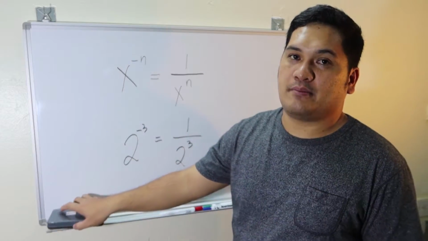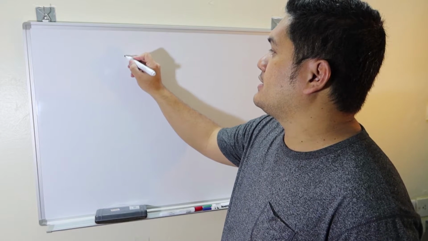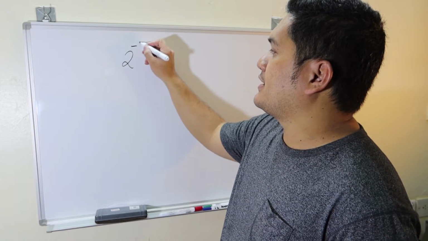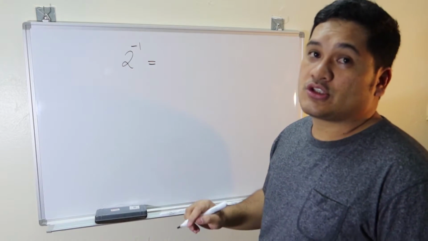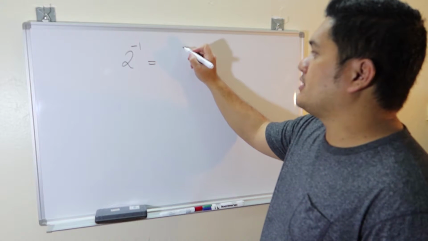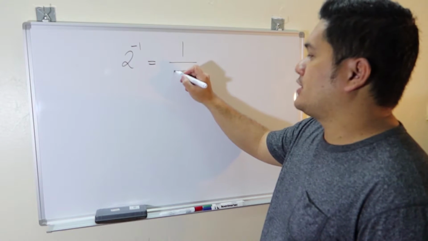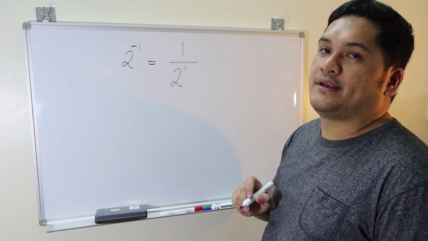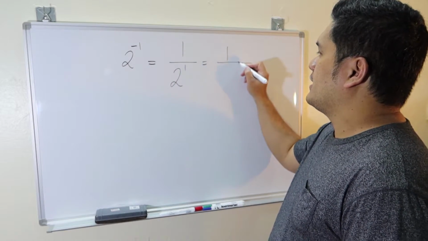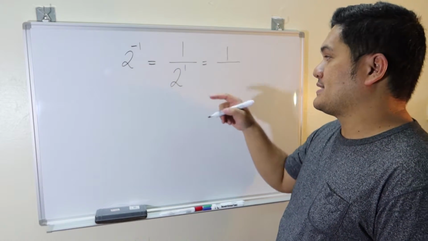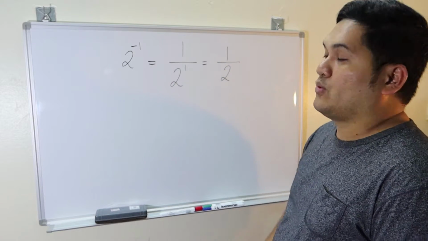So let's have an example. So say for example, meron kang 2 raised to negative 1. So ang gagawin mo dito is 1 over 2 raised to 1. Your answer would be, isang beses mo lang daw i-multiply sa sarili niya is 1/2.